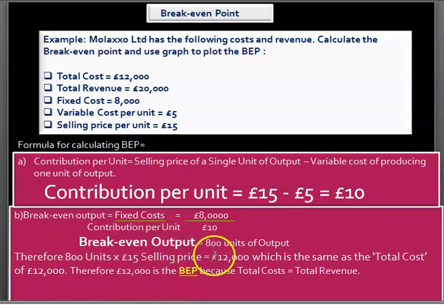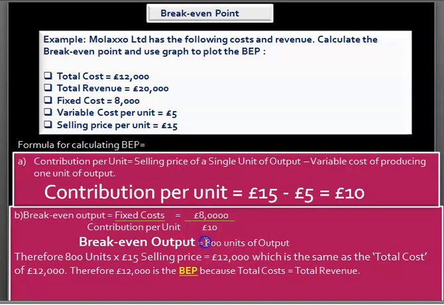So the break-even point in output, that is, how many units do they have to produce to make their total cost of £12,000 back, is 800 units. The 800 units is called break-even output. That is an output as in units, as in how many products they would need to produce to get £12,000 back.